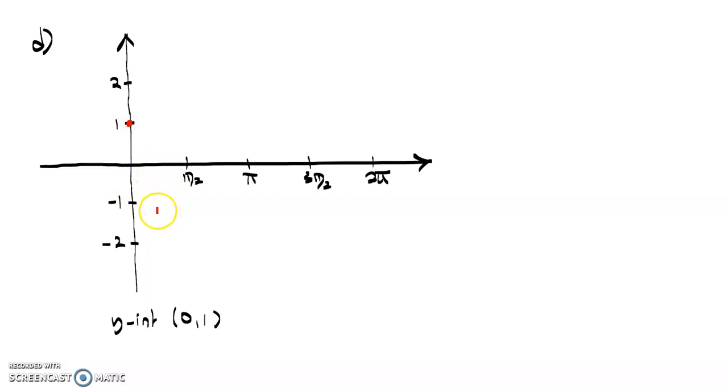And we also know that at pi over 4 and 5 pi over 4, the curve does admit 2 x-intercepts, which are also the points of inflection of the curve, which are (pi over 4, 0) and (5 pi over 4, 0). So if this is pi over 2, then pi over 4 is halfway between 0 and pi over 2. And 5 pi over 4 is pi plus pi over 4, which would basically be here.